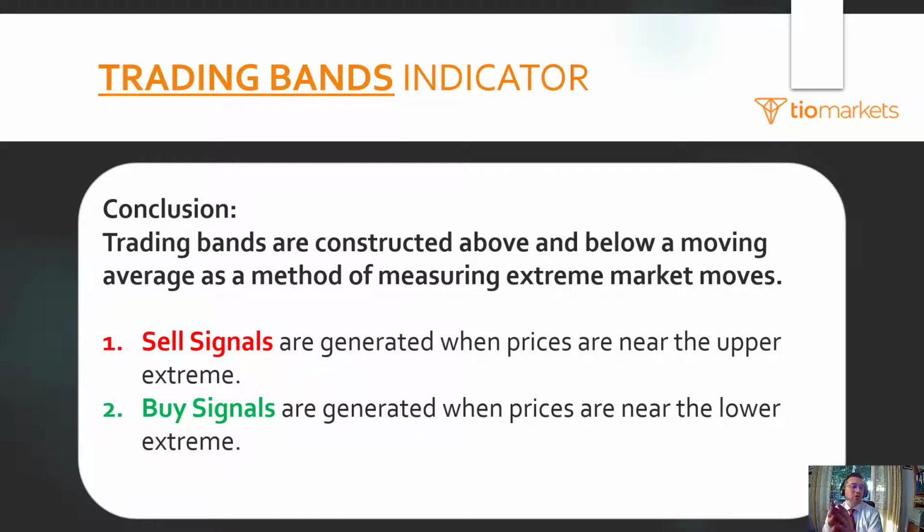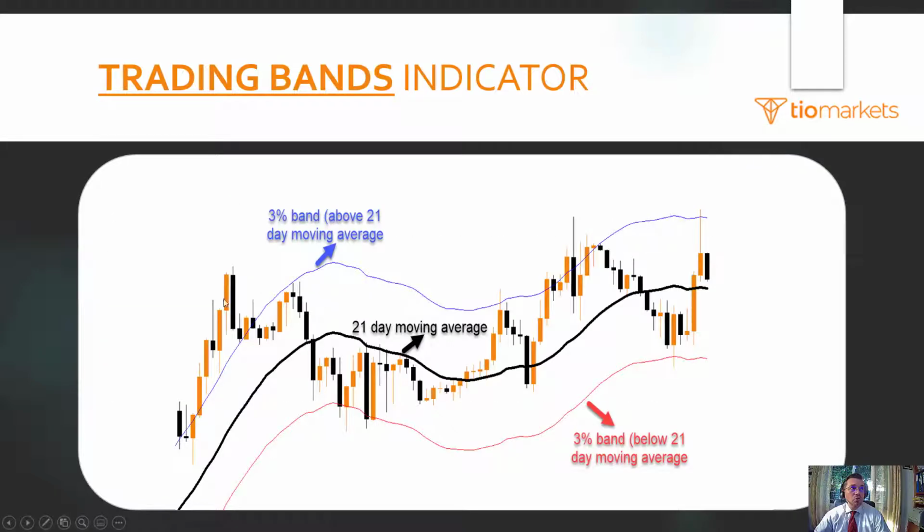So the conclusion is that trading bands are constructed above and below a moving average as a method of measuring the extremes of market movements. Sell signals are generated when prices are near the upper end or the upper extreme. So we're looking for our sell signals at the upper end of our extremes.